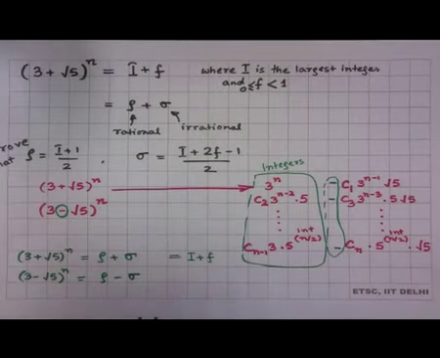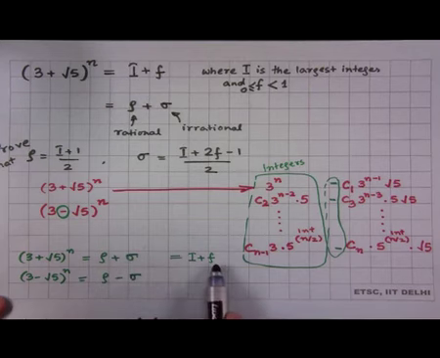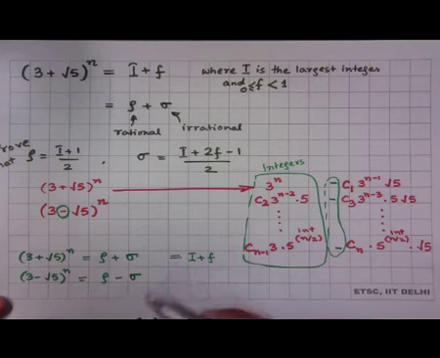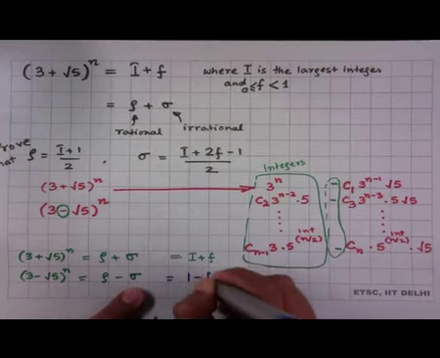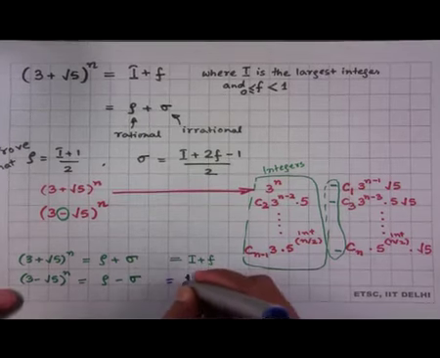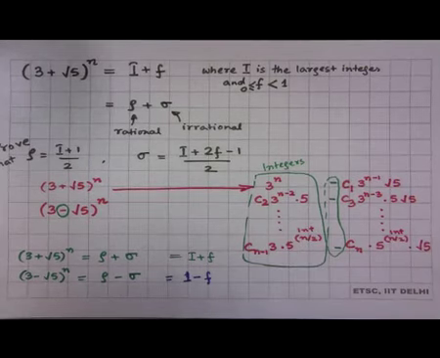So, let us go back where I was doing this. 3 plus root 5 whole power n is rho plus sigma, which is I plus f. 3 minus root 5 whole power n is rho minus sigma, and this is nothing but 1 minus f, because the integer part is 0, right. Now, you add and subtract.